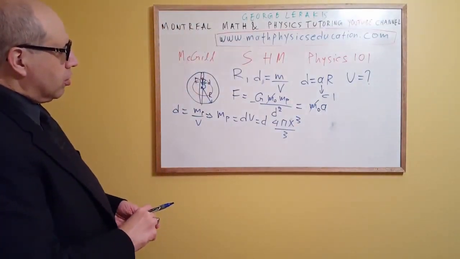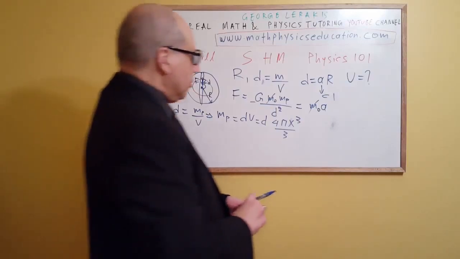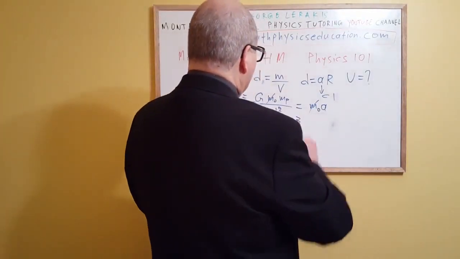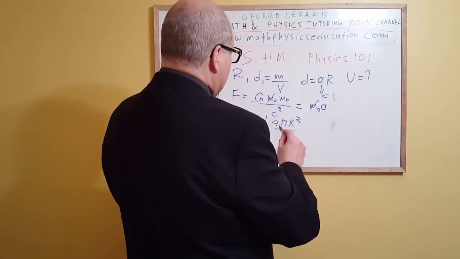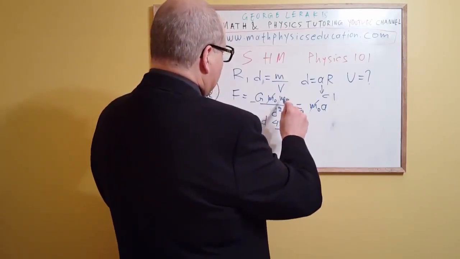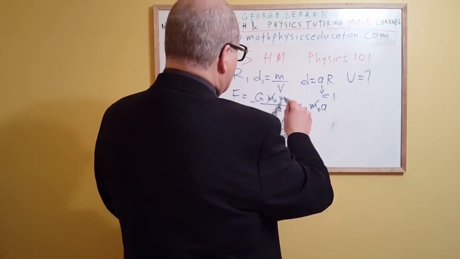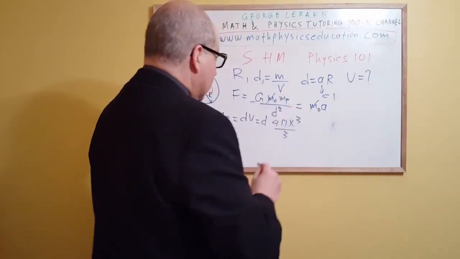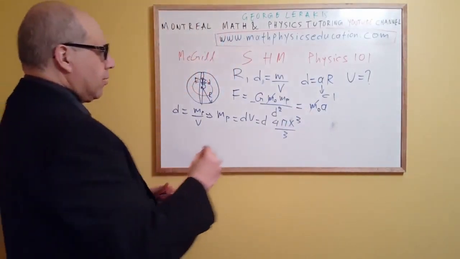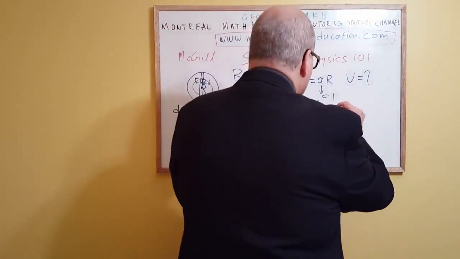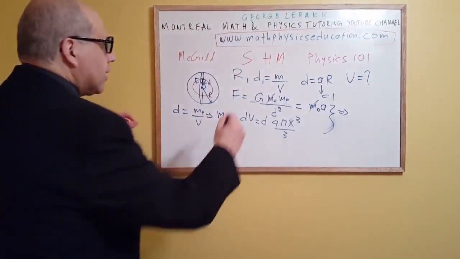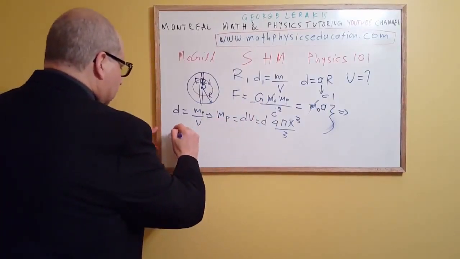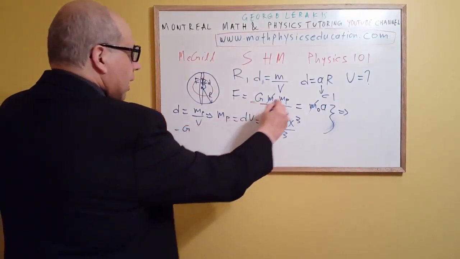Now if you substitute this mass in, from these two equations we will have minus G times MP.